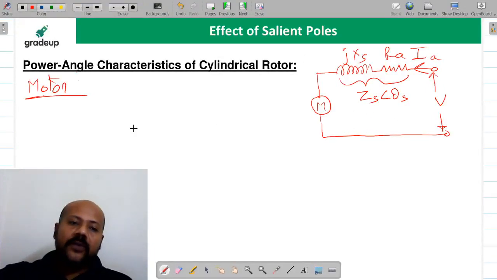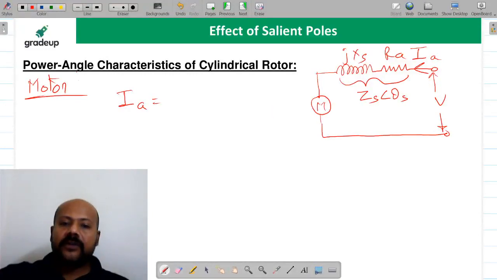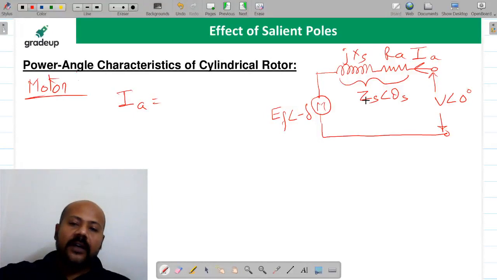Now let me tell you, if you want to know this current, armature current, how can you write this armature current? Suppose this is going to be EF angle minus del and this is going to be V angle 0. Now the current is flowing from this voltage terminal to this motor terminals.